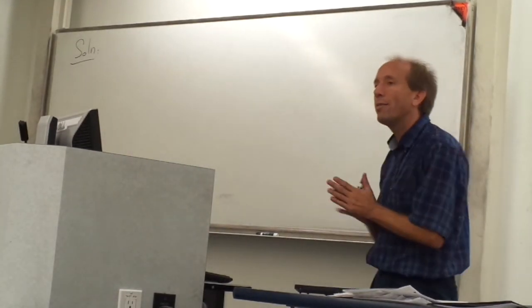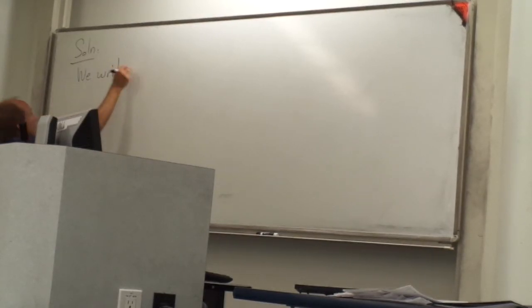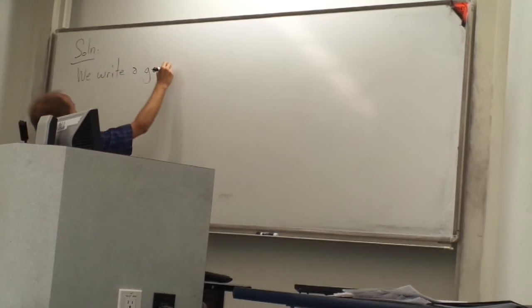Does anybody know how to write down the generating function, or how we would do it? Mark, do you know how to write down the generating function for something like this? There are 3 different parts to it. So let's see if we can do it.